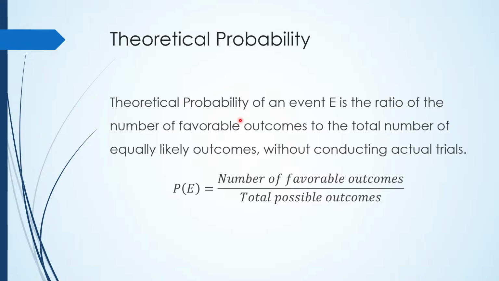You just need to figure out how many possible outcomes there are in the experiment that you're doing. You need to figure out what is the success that you're looking for, and then you just simply do the calculation. So this is the number of favorable outcomes divided by the total possible outcomes. So you have formulas that can give you total possible outcomes for situations where there are multiple coins.